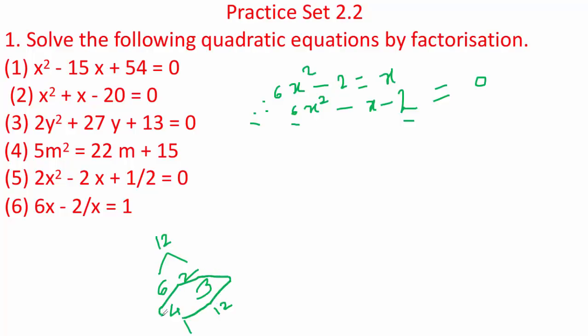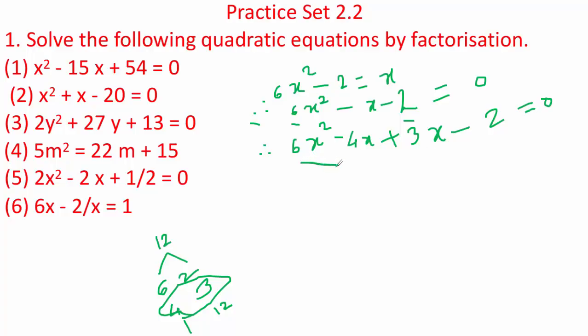Therefore, I shall take this pair 4, 3. Therefore, I shall write 6x square minus 4x plus 3x gives minus 1x, minus 2 equal to 0.